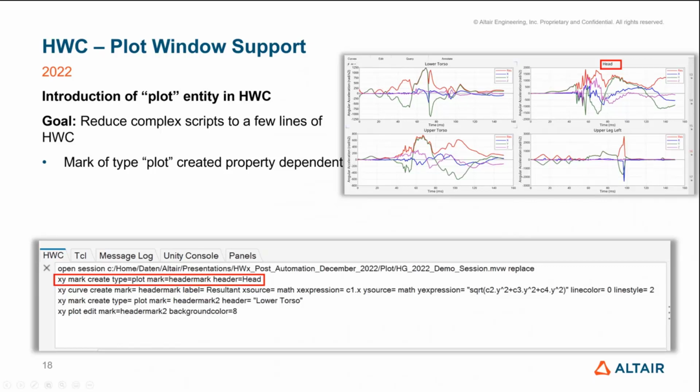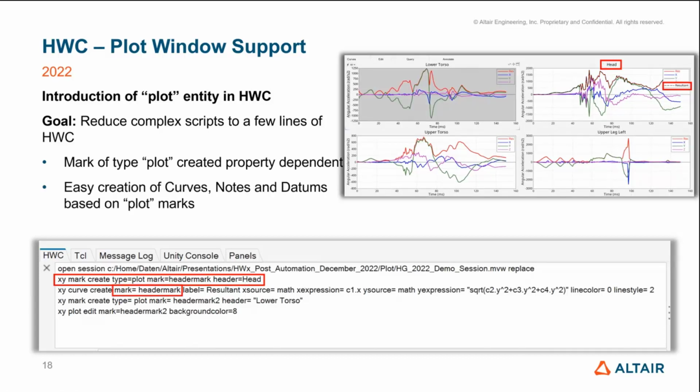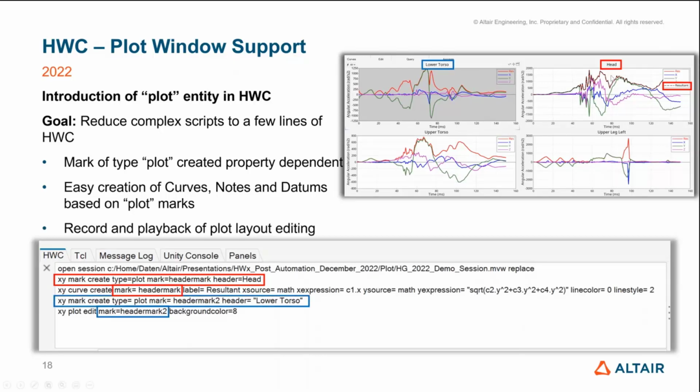Imagine you want to search for all the plots which have the header head, or any other kind of property the plot entity has, and then you want to add a resultant to it. Or you want to find another plot which has header lower torso and then modify the background. I will show here quickly two demos which will do this quite nicely.